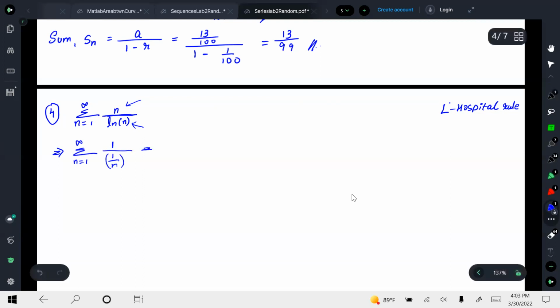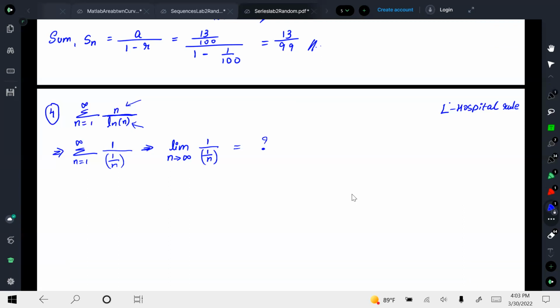Now apply the divergence test: the limit as n goes to infinity of the sequence 1 divided by 1 over n will tend to what? I'll give you a hint. Plug in n equal to infinity in the denominator. So this becomes 1 divided by 1 by infinity. Now tell me what is the answer for this sequence.